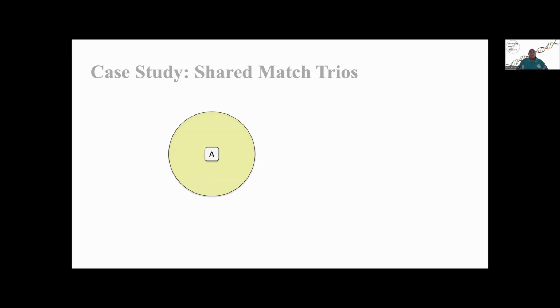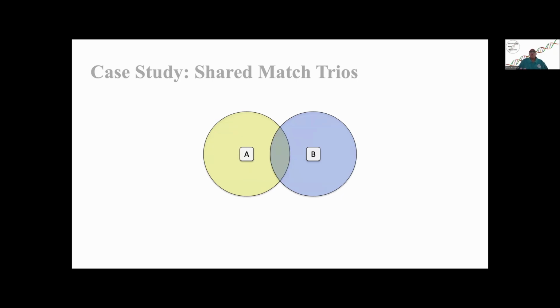And now let's suppose that subject A took their DNA test because their second cousin B had already taken a DNA test. And so we can think of subject B and their DNA matches as the blue circle. Now, of course, since A and B are second cousins, and really, if they match each other at all, then we can think of subject A's DNA matches and subject B's DNA matches and whatever matches they have in common, as illustrated by the green area where the circles overlap.